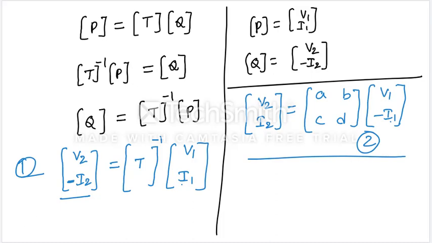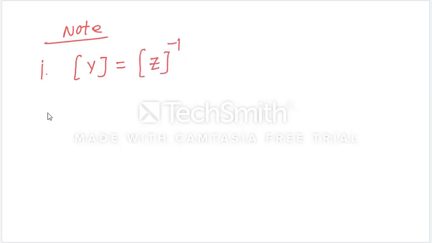So from this, if I indicate this as the small t parameters and this as the capital T parameters, what we can conclude is: first, previously we have seen the Y matrix is equal to Z inverse. Next, the G matrix is equal to H inverse.